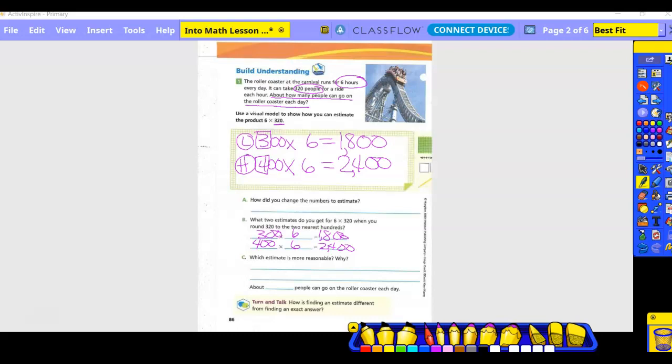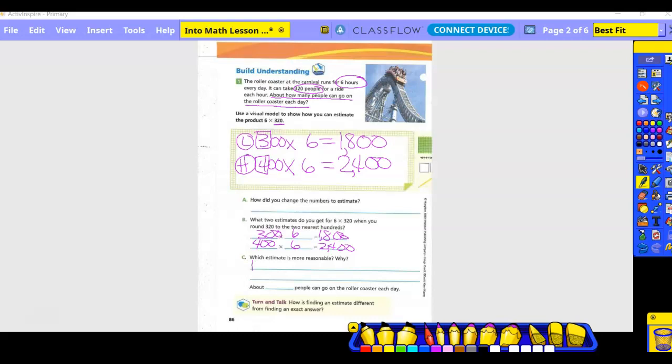The 1,800, because is 300 closer to 320 or is 400 closer to 320? 300, because that 2 makes it stay the same and not go up 1.